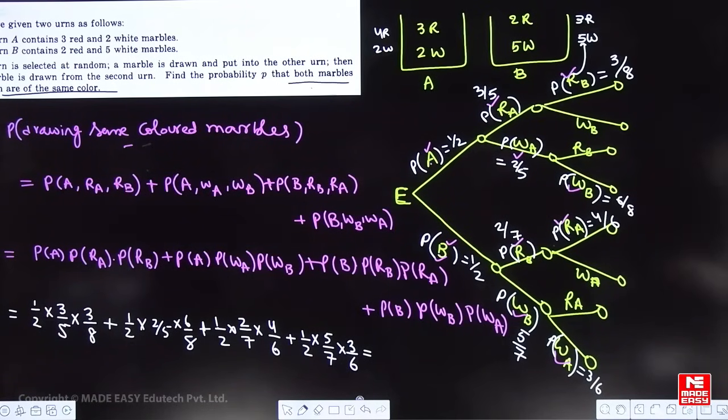Now the value you are going to get is 1 by 2 into 3 by 5 into 3 by 8 and 2 by 5, 3 by 4. Okay, then 2 by 7, 2 by 3 and then 1 by 2 into 5 by 7 into 1 by 2. So this value is going to be 901 by 1680 here.